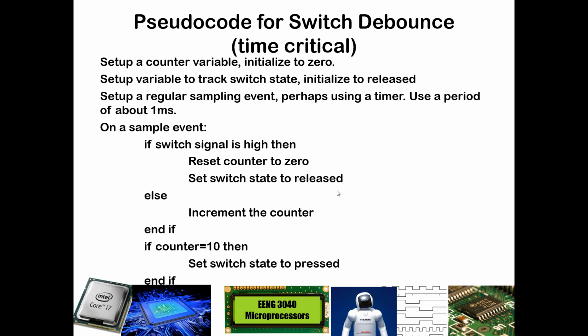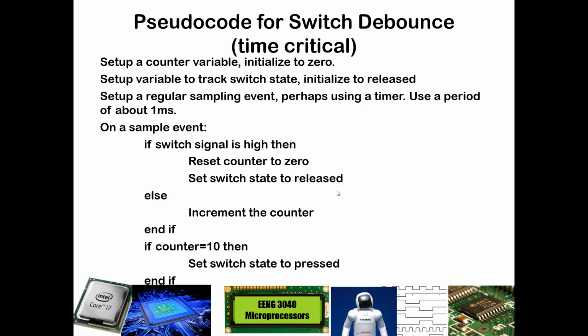So every time we do a sample, if the switch signal is high, meaning we're seeing a logic 1 coming off from the switch signal, we're going to reset our counter to 0, and we're going to switch the state to being released. Otherwise, we're going to increment the counter.